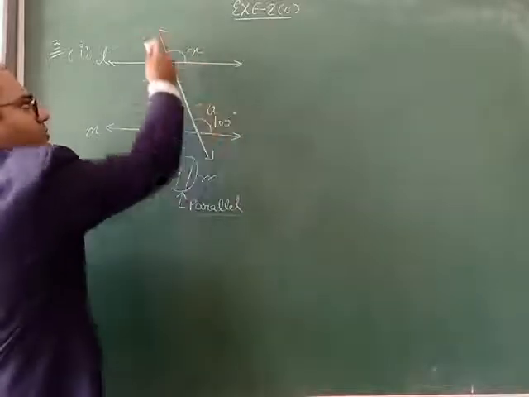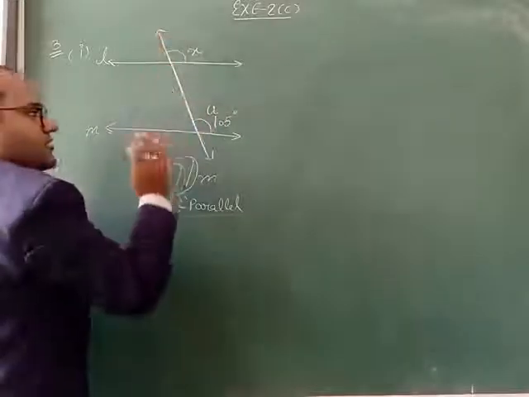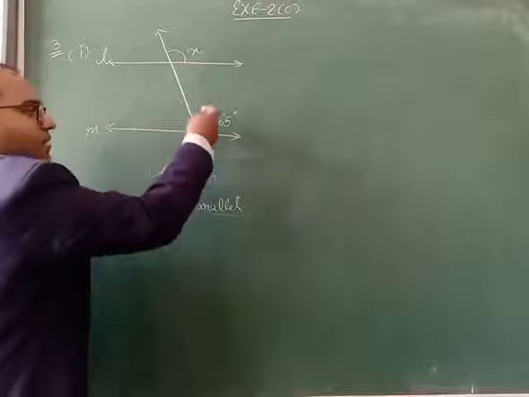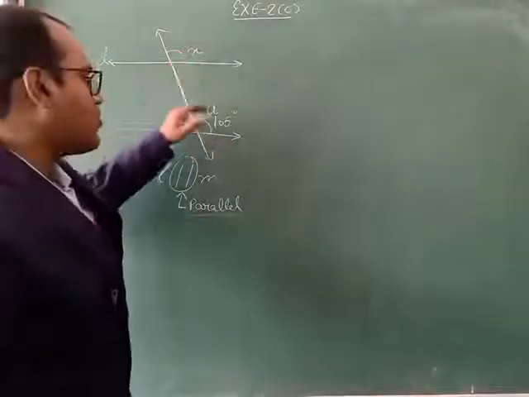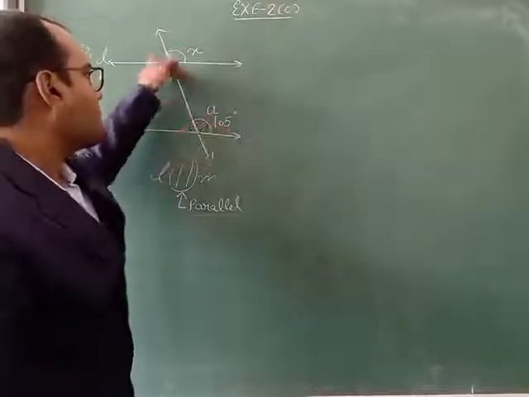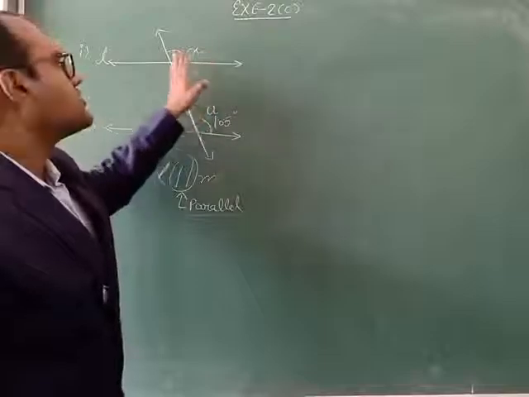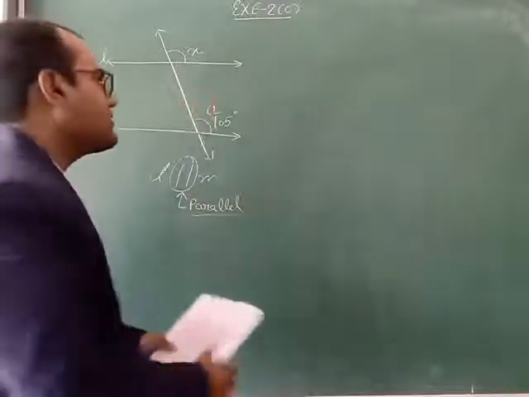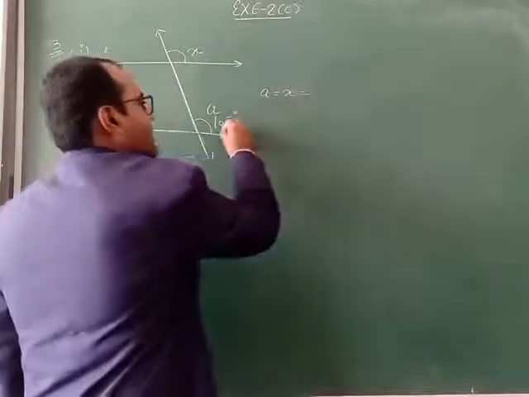X and A both are on the right side of the transversal and these two angles are above the parallel lines. A as well as X both are above the parallel lines and on the same side of the transversal. So such angles we have to take equal. We take them equal. A and X are equal and both answers will be 105.